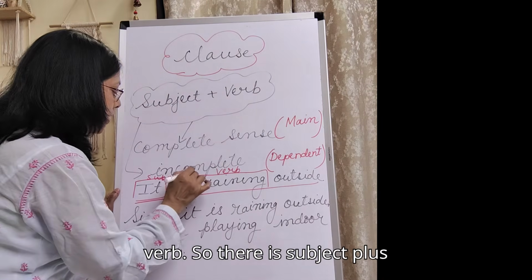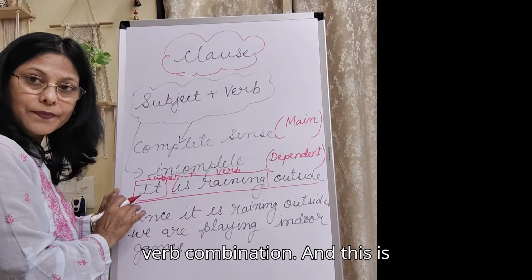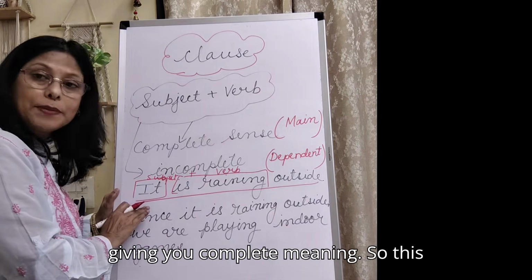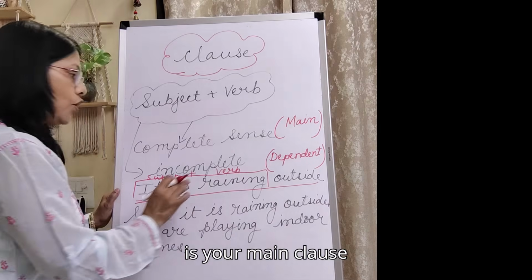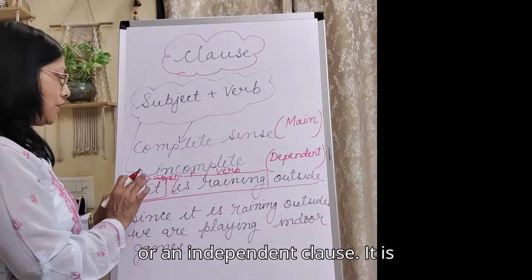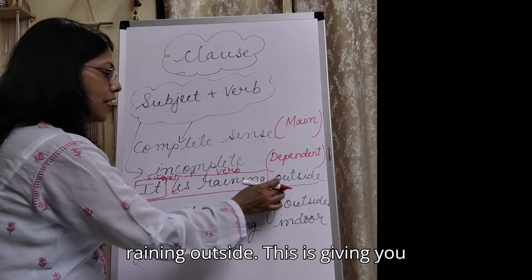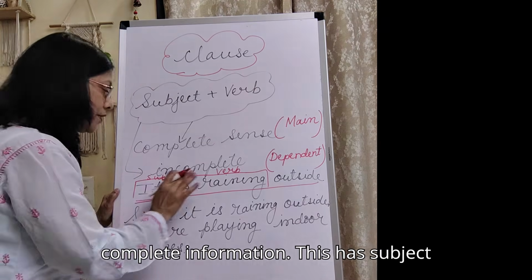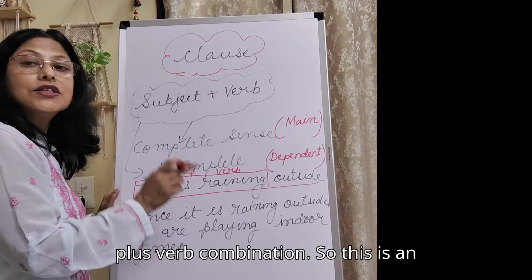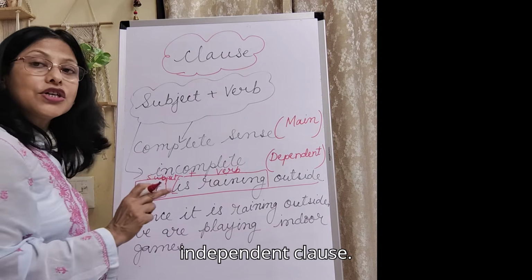So there is a subject plus verb combination, and this is giving you complete meaning. So this is your main clause or an independent clause. It is raining outside. This is giving you complete information and has a subject plus verb combination. So this is an independent clause.